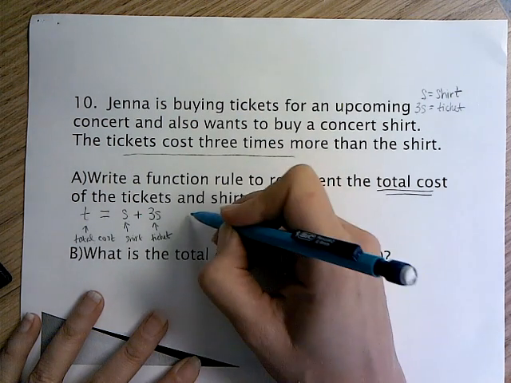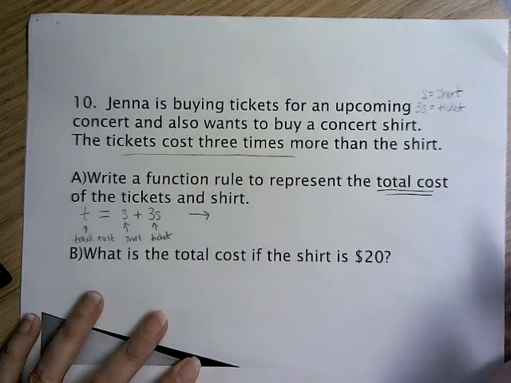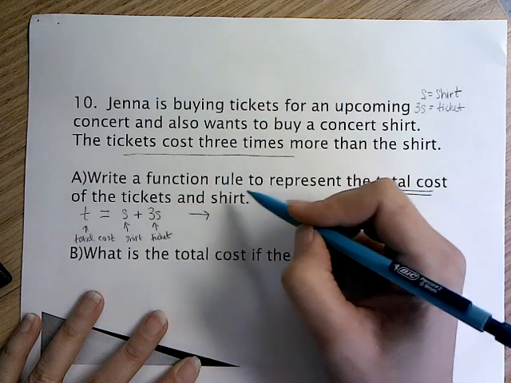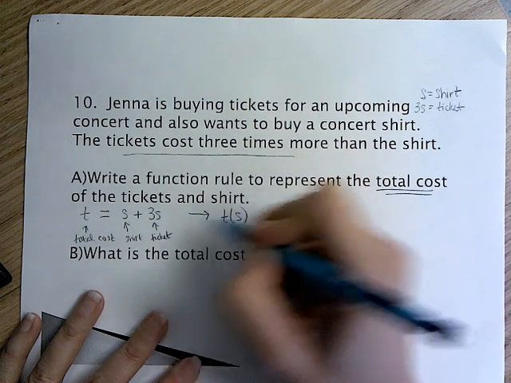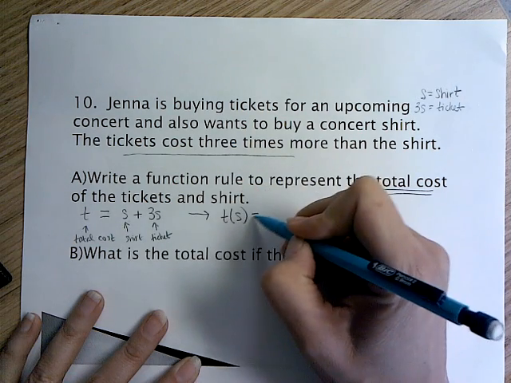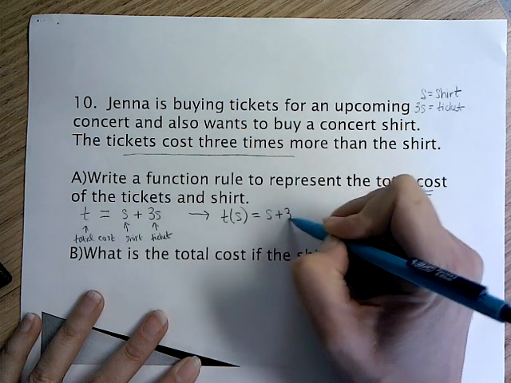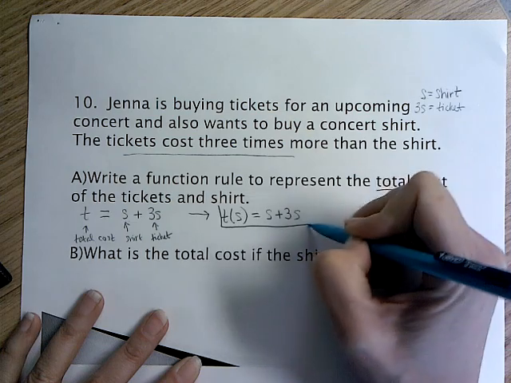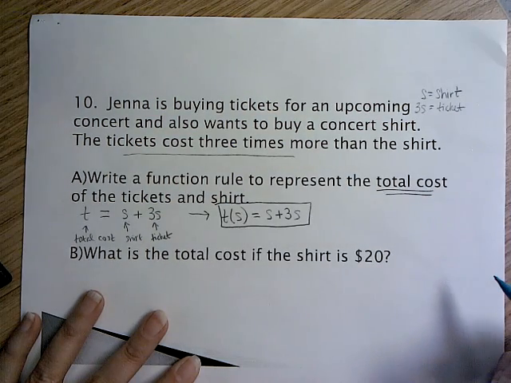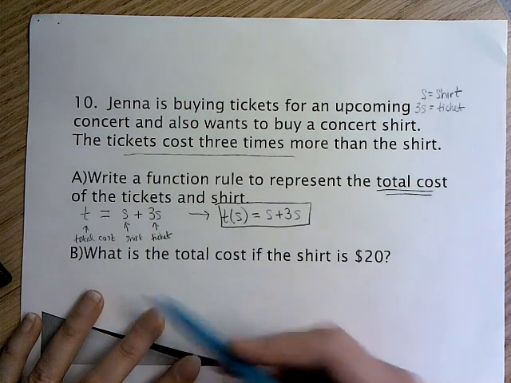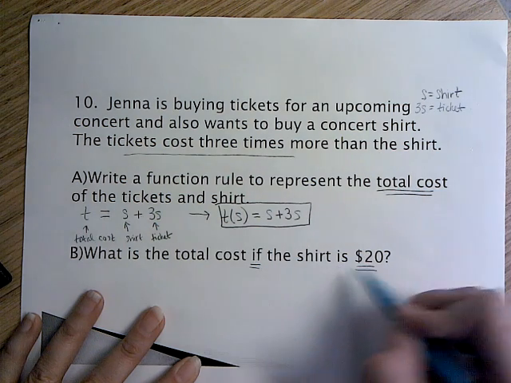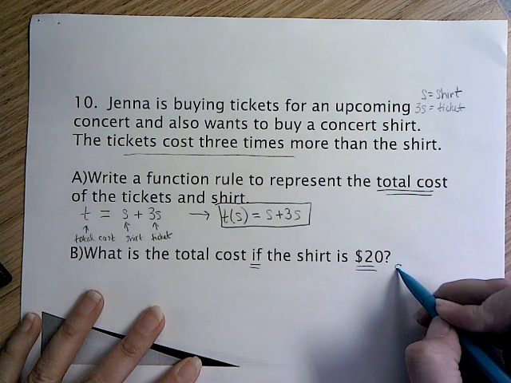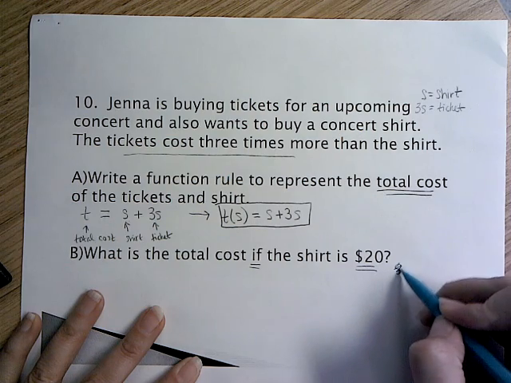Now I can turn that into a function rule just by saying the cost is a function of the shirt. So T of S, because S is the variable in our expression, is equal to S plus 3S. Next, I want to find the total cost if the shirt is $20. So what is T of 20?